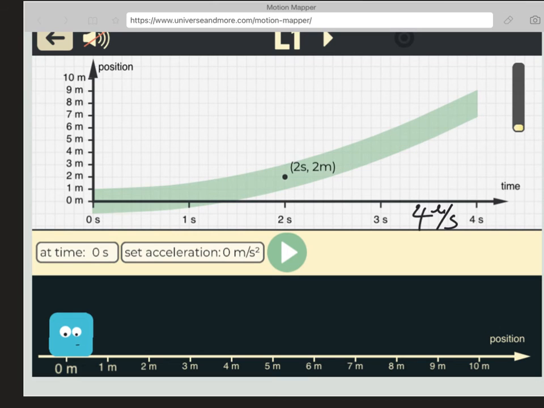Down here, let's see, 2 to 4, so that one looks more like 2 meters per second. Let's do away with that one, put it down here. 2 meters per second. At best, that one is 1 meter per second.